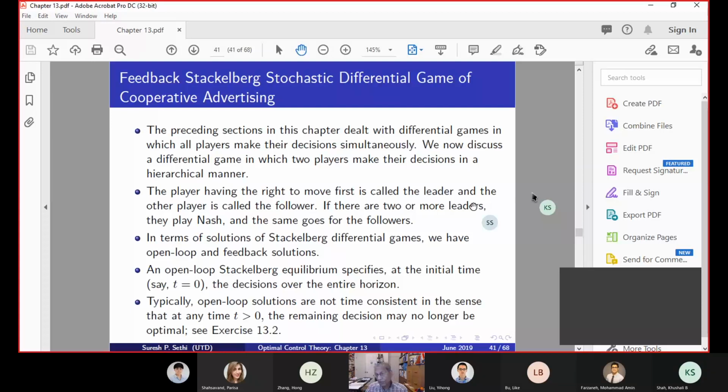But the reason we call them Stackelberg games is because von Stackelberg wrote a book in the 1930s, and he proposed these games in a single period setting, in a static setting. And since then, they've been generalized to multiple period settings and also to the continuous time setting.